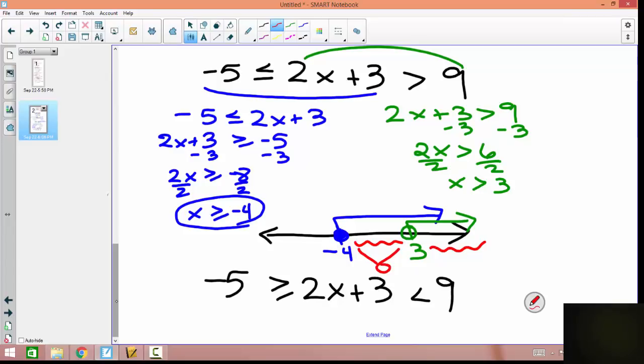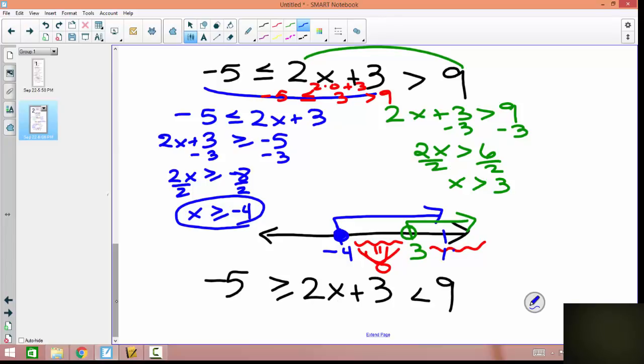You could choose whatever number is calling you. So -5 is less than or equal to 2 times 0 plus 3 is 3. So -5 is less than or equal to 3. That's true. And then is 3 greater than 9? That's true. So this is good. This works. In here works.